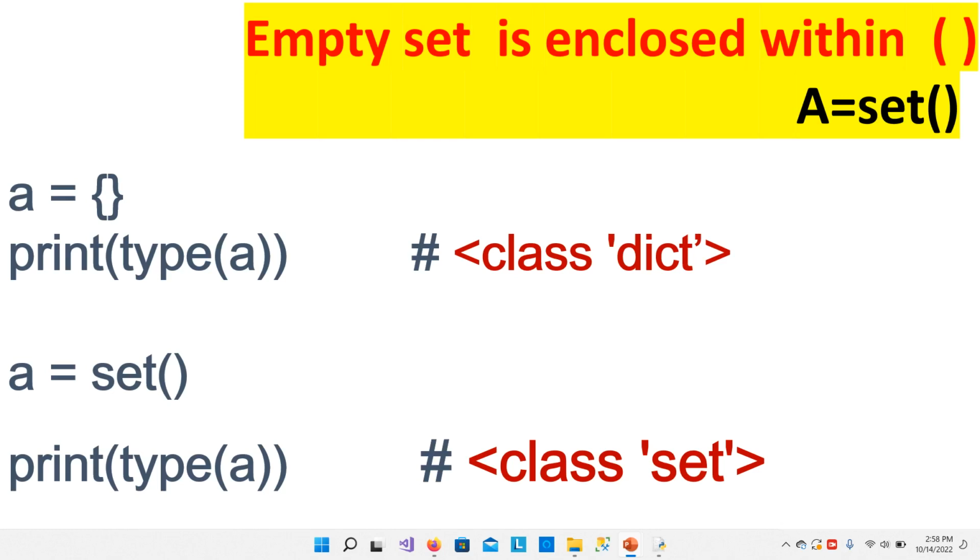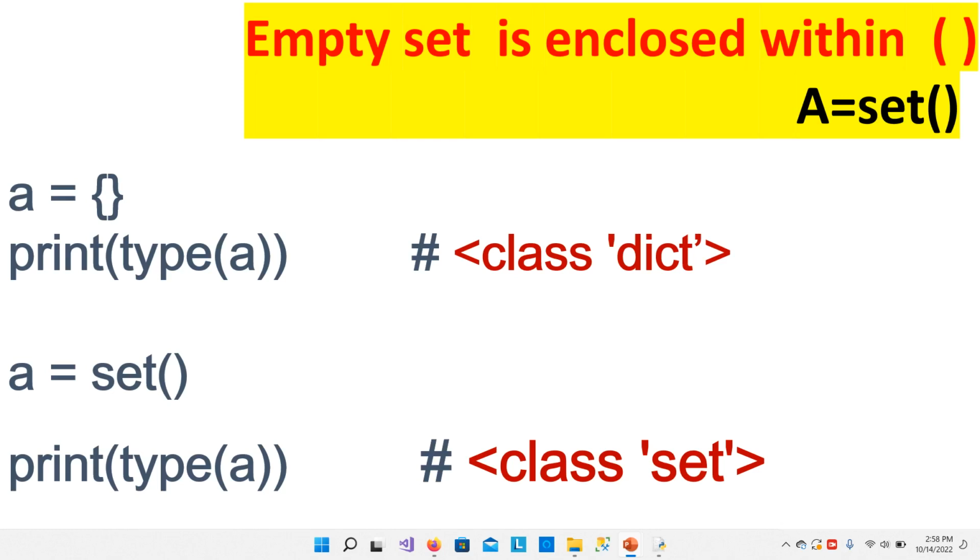As you are seeing, in the first step we have taken A equal to curly brackets. Here it is not a set, it is a dictionary. When we print using the type function, it will show us the data type of a variable. So the type function always shows the data type of the given value.